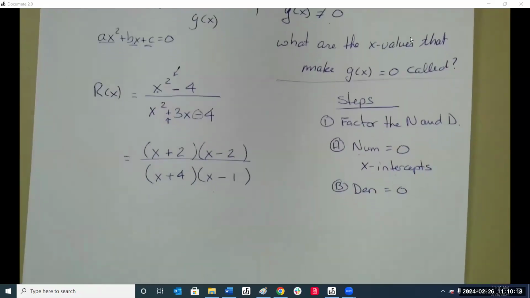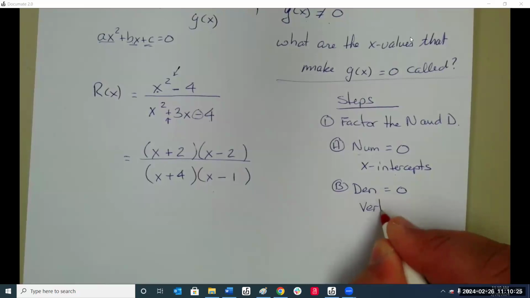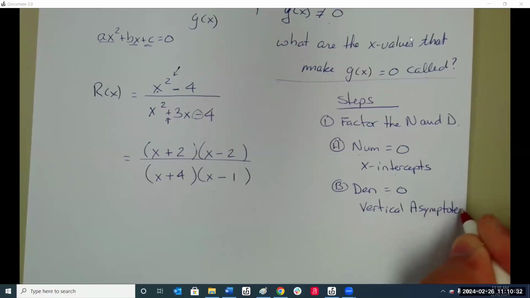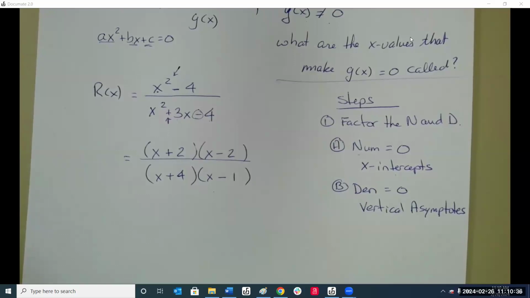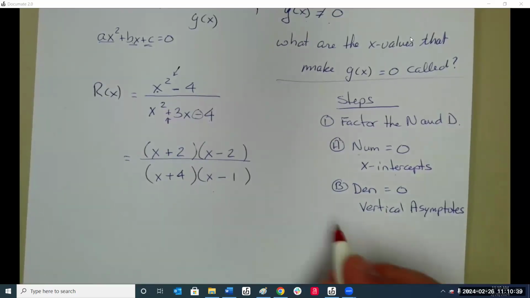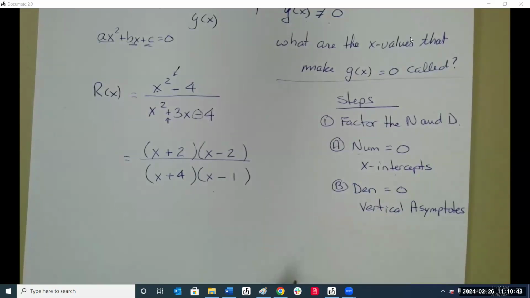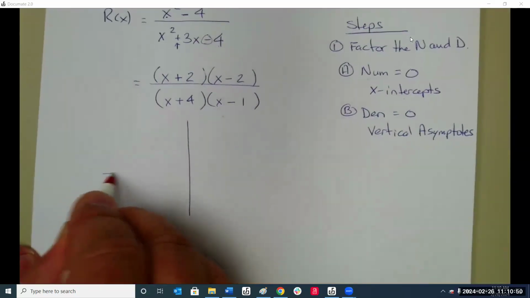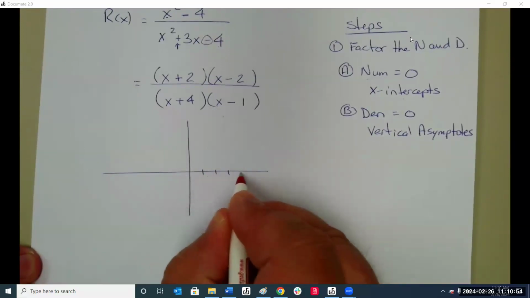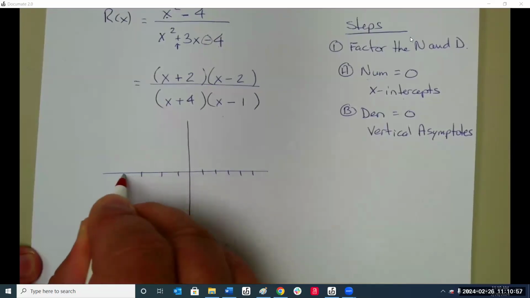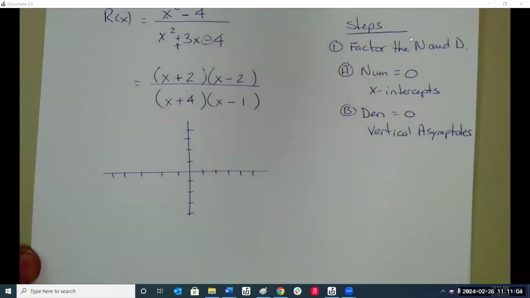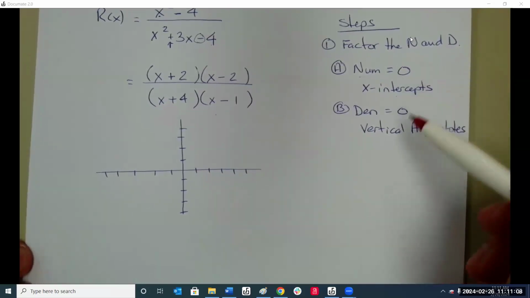When the denominator is set equal to 0, what does that find for us? The vertical asymptotes. So what we found here, we found the vertical asymptotes.